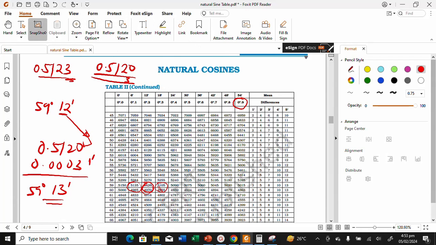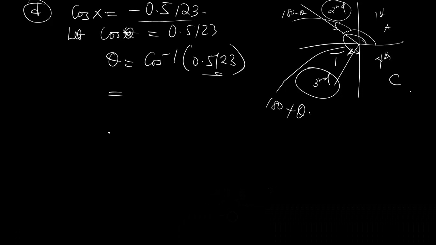So that means this is the angle theta. So let's go back. This angle theta is 59 degrees 13 minutes.